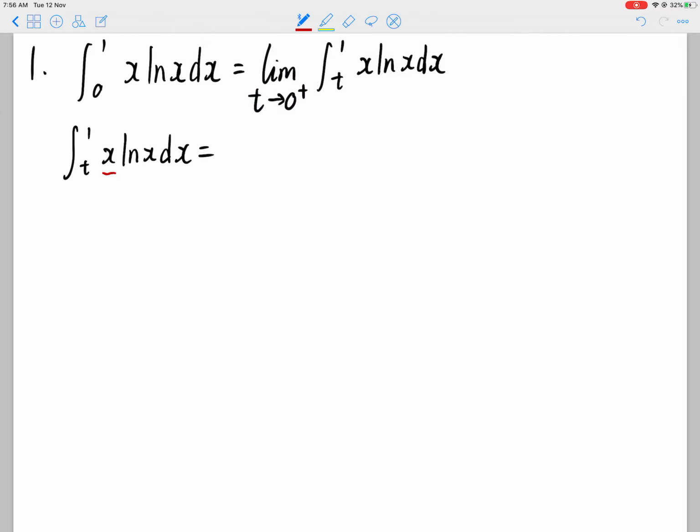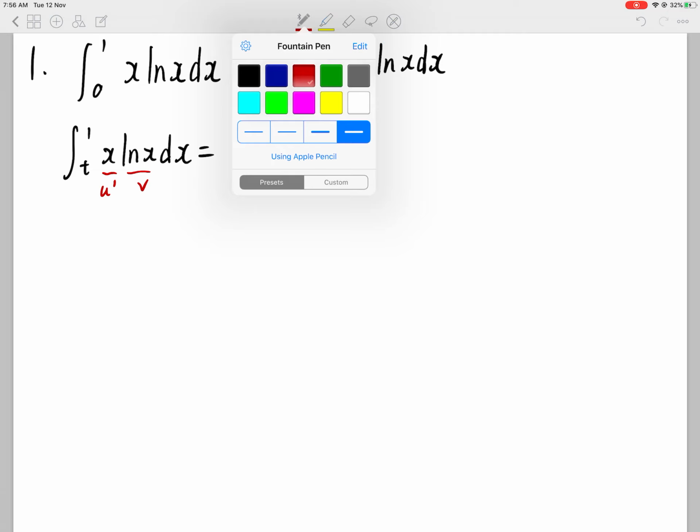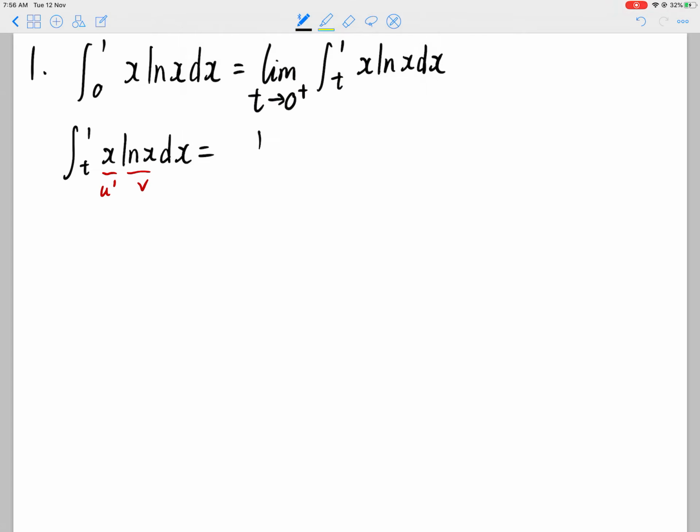So this part is your u prime, this part is your v. So it should be half x squared ln x from t to 1, minus the integration from t to 1 of u times v's derivative.